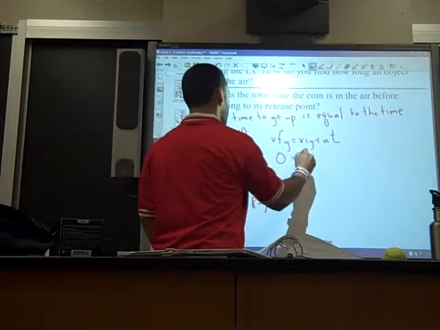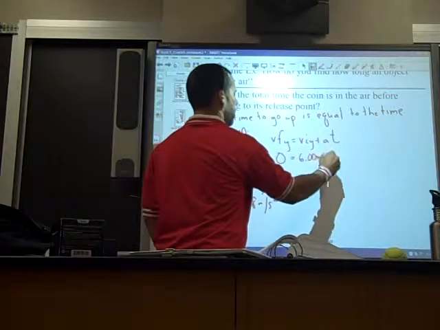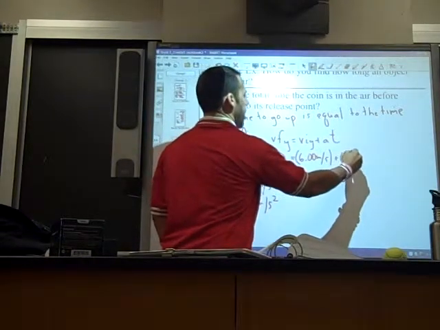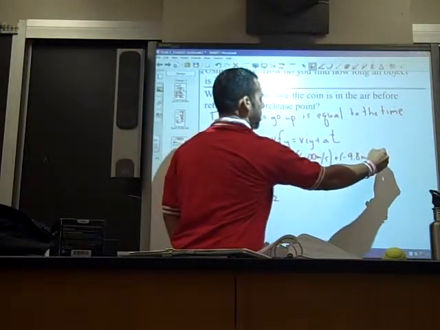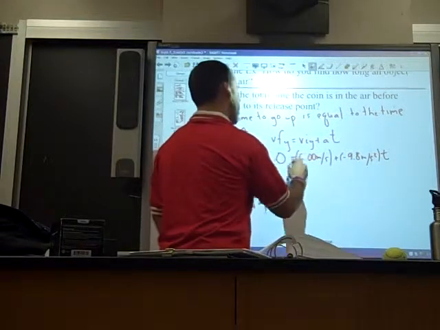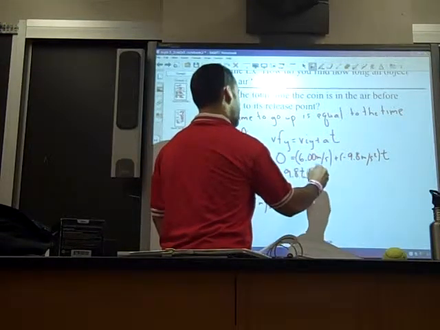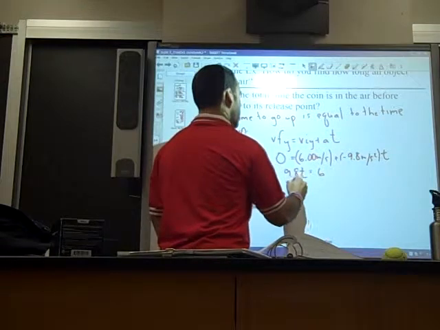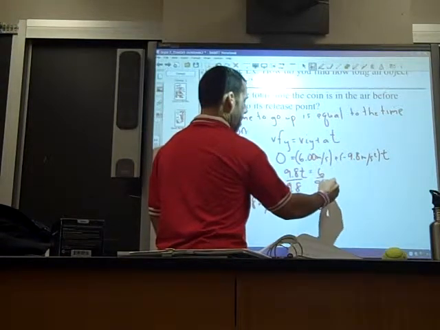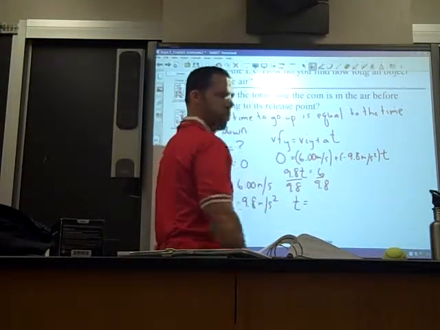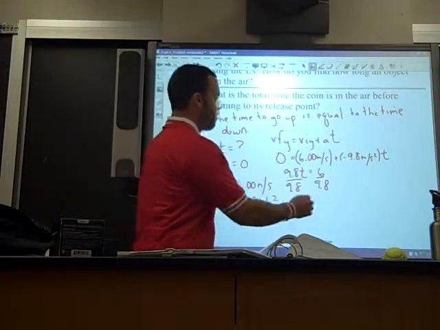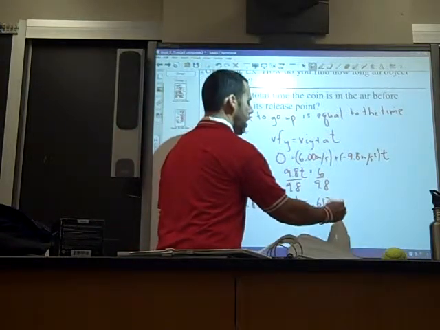So 0 equals 6.0 meters per second plus negative 9.8 meters per second squared times t. Bring that over, 9.8 t equals 6. Divide by 9.8, divide by 9.8. t equals about 0.612 seconds.